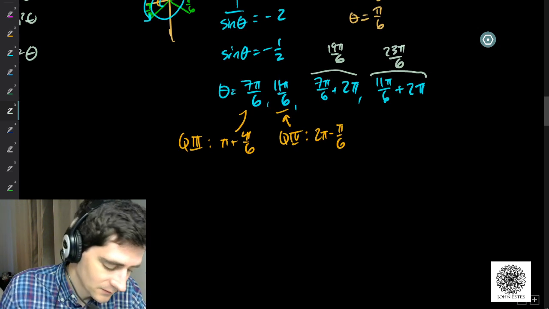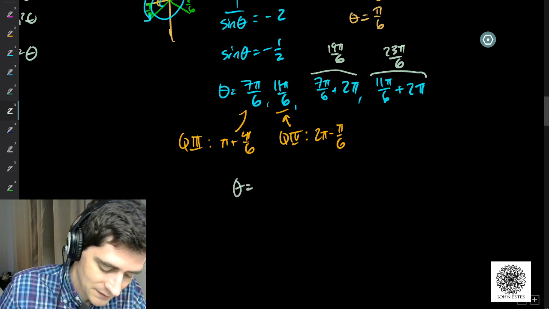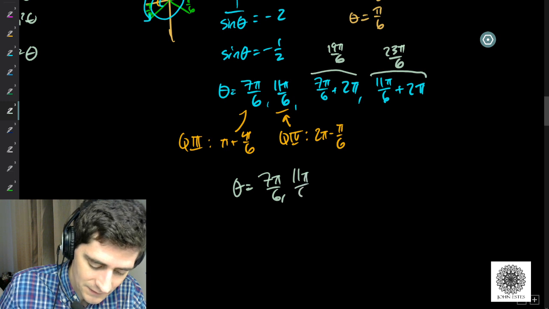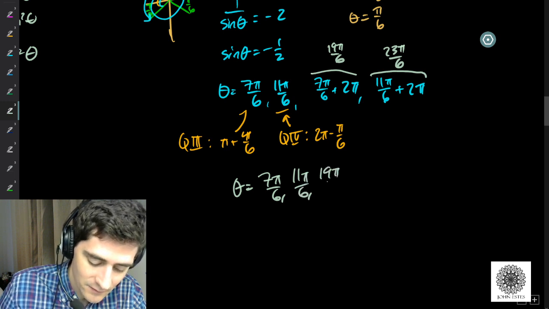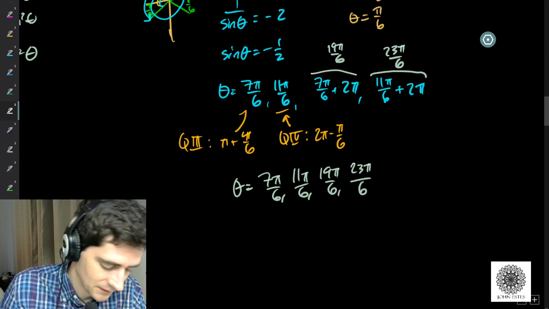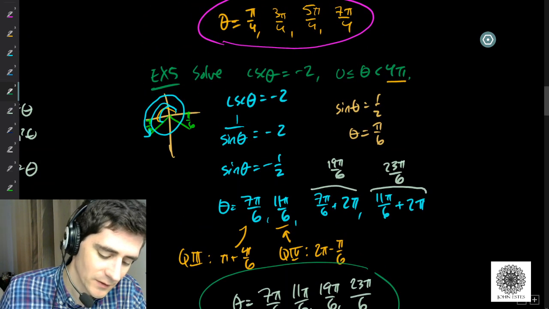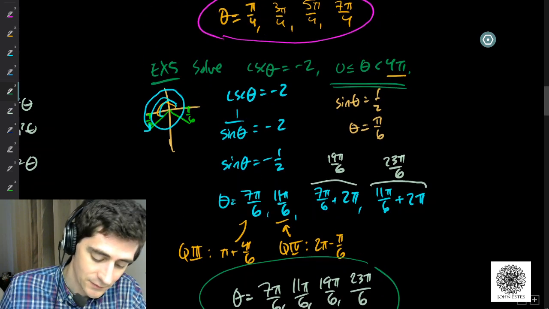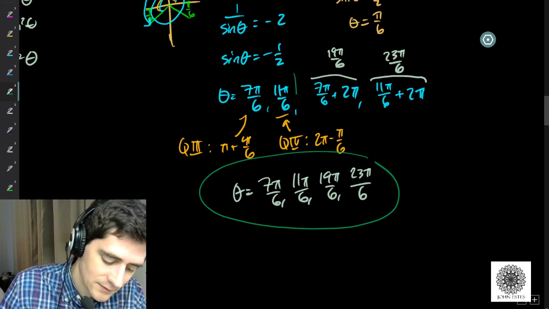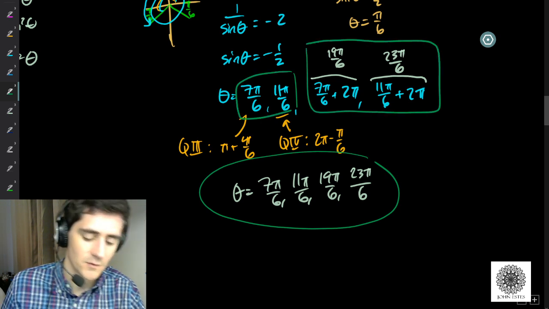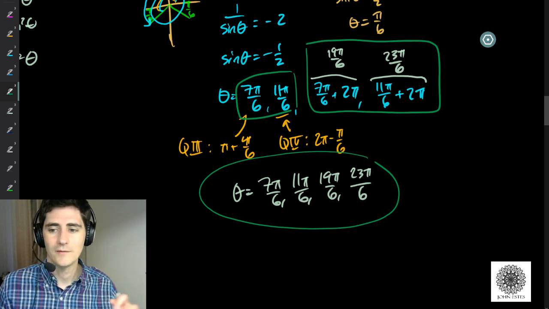Okay, so my final solutions, let me write it one last time. 7 pi over 6, 11 pi over 6, 19 pi over 6, and 23 pi over 6. And I had to give 4 solutions. Why? Because remember, I started out going from 0 to 4 pi. These two are from 0 to 2 pi. These two are from 2 pi to 4 pi in that range.